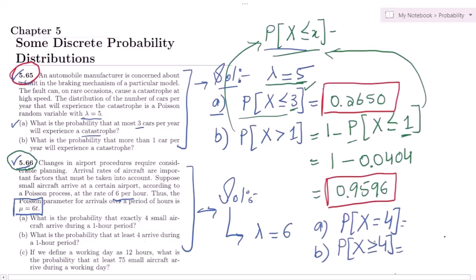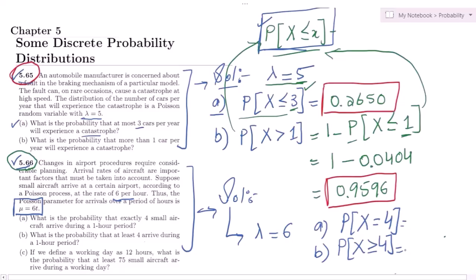In this type of question we can use the Poisson formula as well, but here it would be feasible to use the Poisson table, which is in the form of less than or equal to. So I have to convert it into that notation.